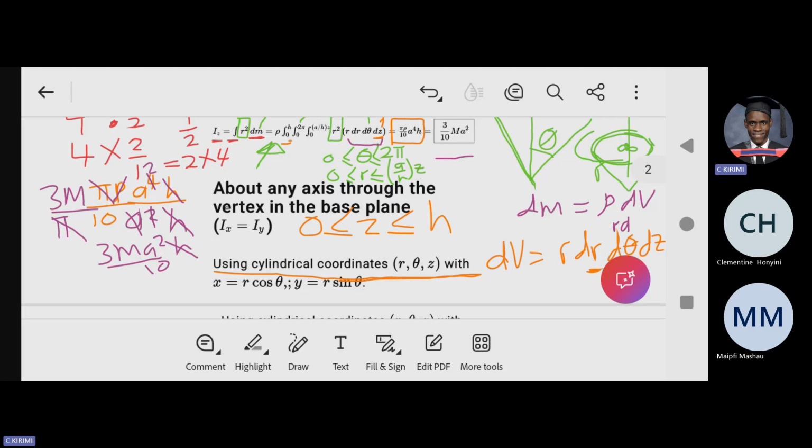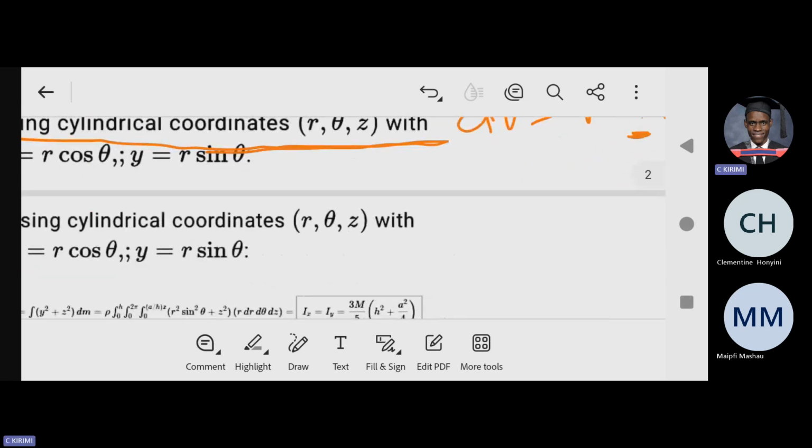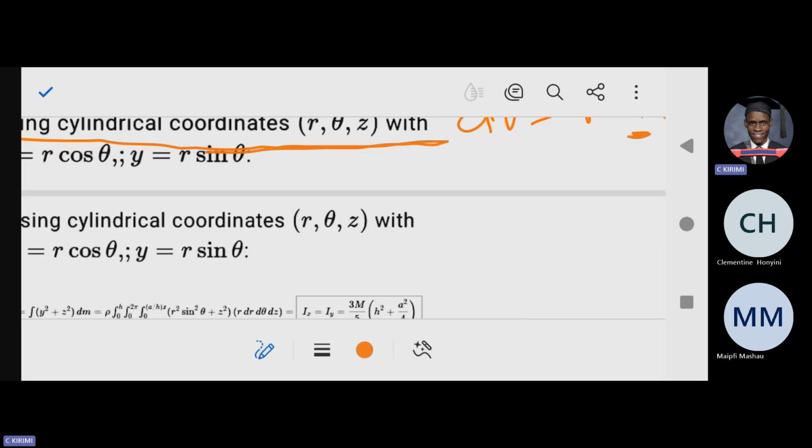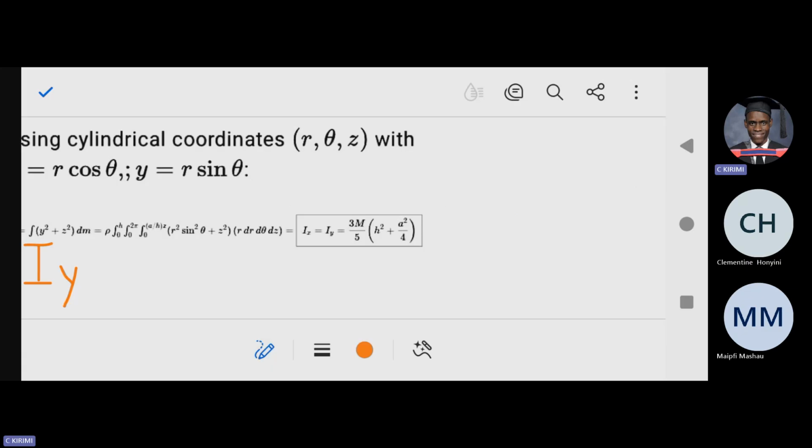Using cylindrical coordinates r, theta, and z, what do you know about x? X is r cos theta. Your z is here, like that, and this is your diagram. Z is like that, so that you know where it's coming from.